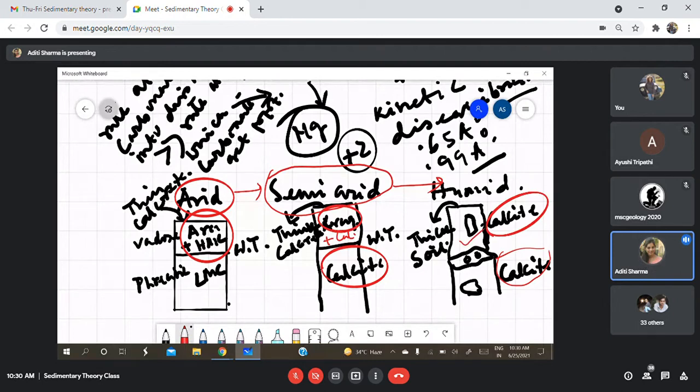Why? Because of the high water flow, the availability of more water. In the tropical region, there is a huge availability of water, and that will flush out all the instability. Am I clear?